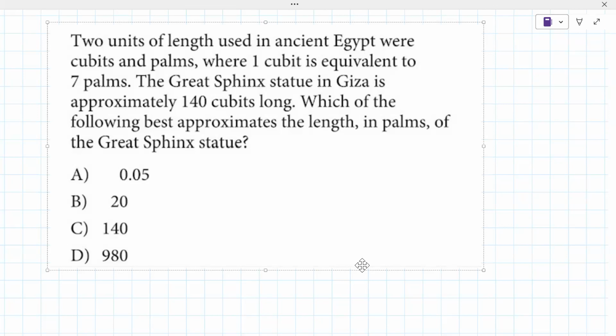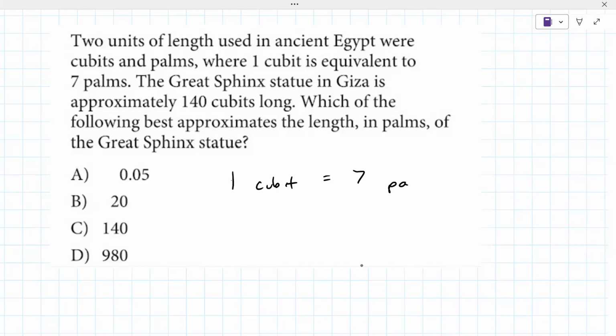What you're supposed to do is divide. Why would you divide here? Because it's showing that it's approximately cubits long, but it needs to be the length. Are they giving you the cubits or the palms?